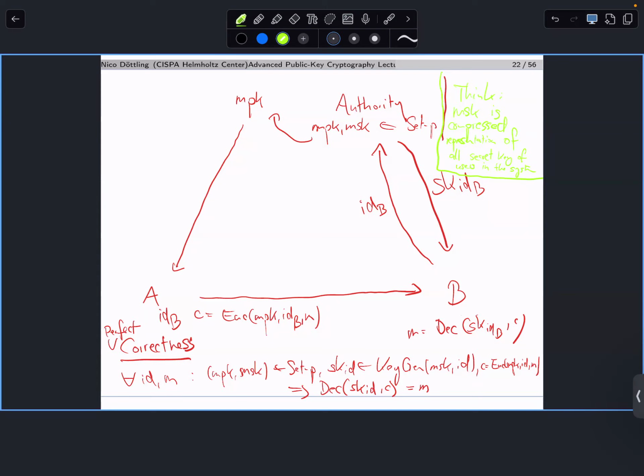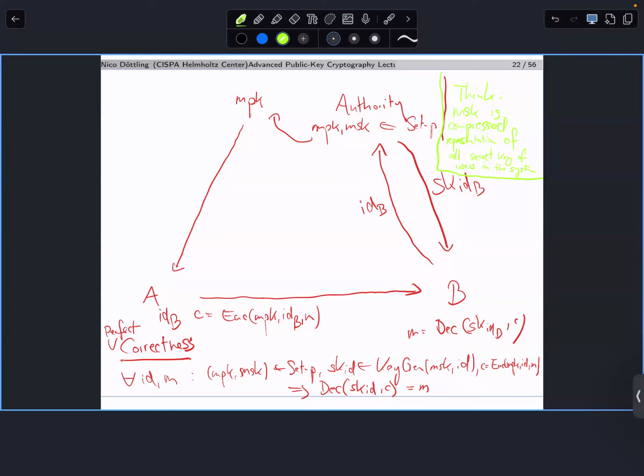This master secret key has to be stored somewhere, and you have to touch it because you have to generate new user secret keys, right? Every time a new user joins the system, you have to touch this master secret key in order to generate new user secret keys. But if somehow someone manages to break into the server that is run by the authority and exfiltrate this master secret key, then there's a huge problem, right?